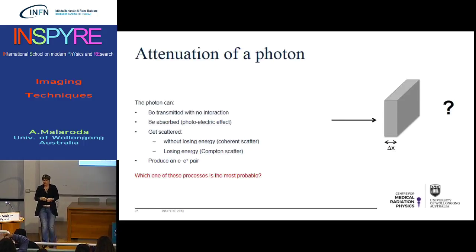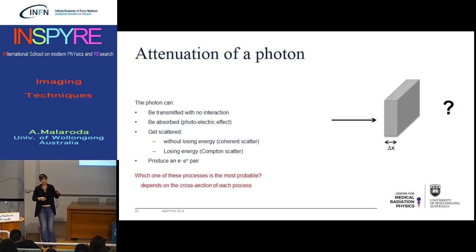So the question at this point is not which process is going to happen, but which is the most probable process. So any of these can happen to that single photon. And the probability for each single process to happen depends, again, on the cross-section of each different process.